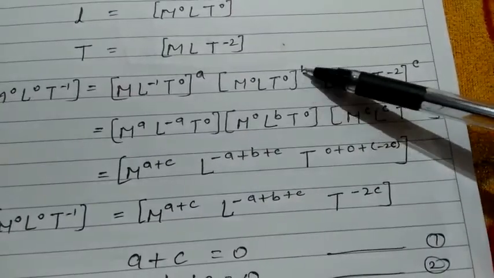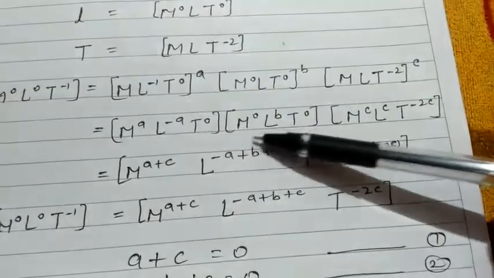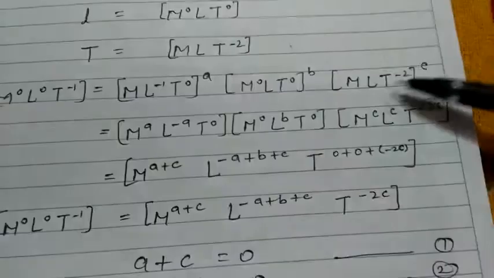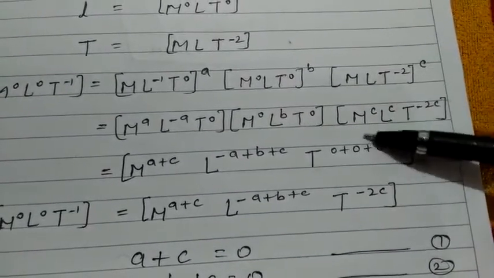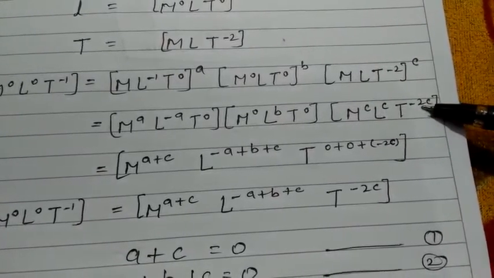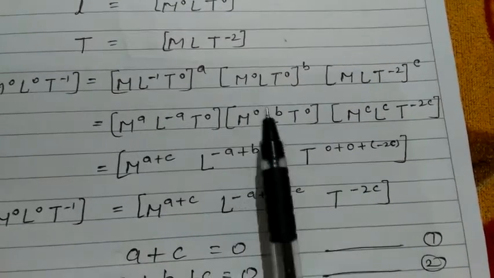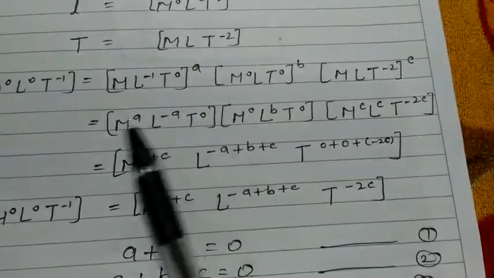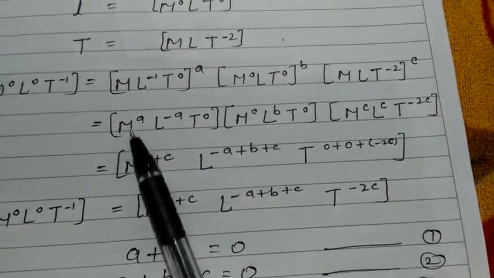Similarly for this bracket, when we open it with b, we get M0 L to the power b T0, and for c, when we open this bracket, we will get M to the power c, L to the power c and T to the power minus 2c. Then these are in multiplication form, the bases are the same, so the powers will simply be added up.